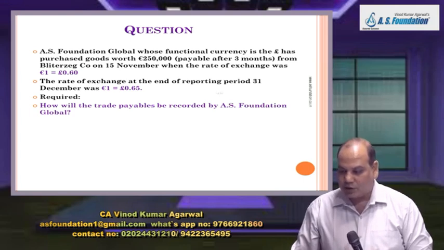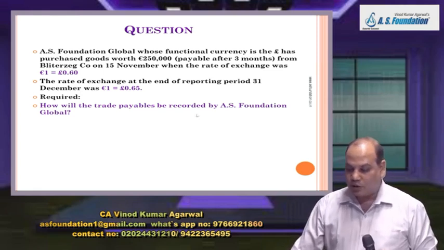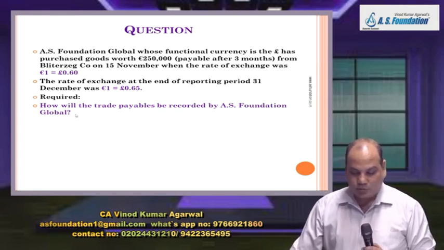The rate of exchange at the date of reporting period, 31st December, is euro 1 equal to 0.65 pound. Required, how will the trade payable be recorded by AS Foundation Global?